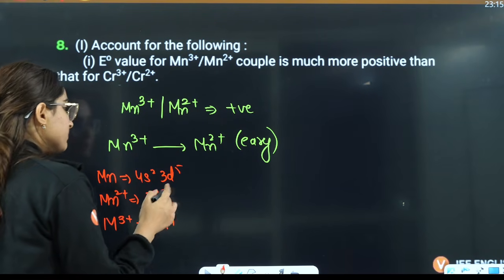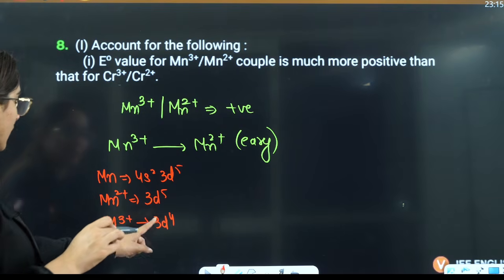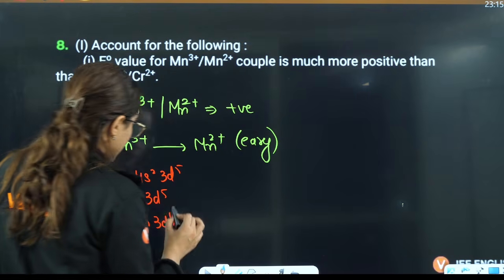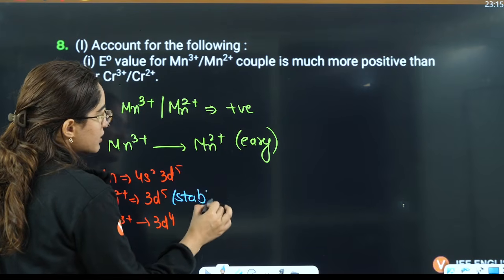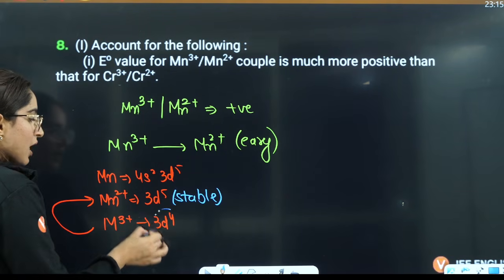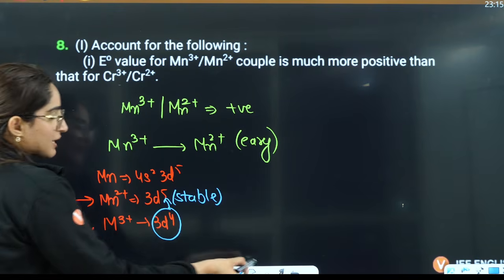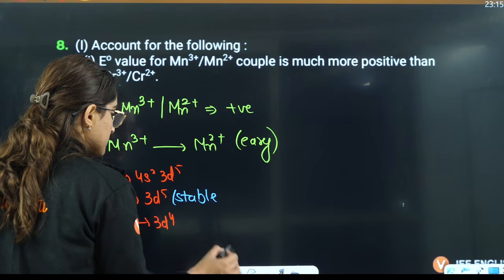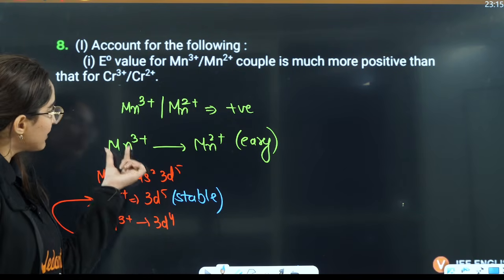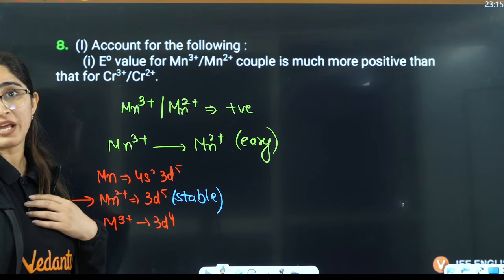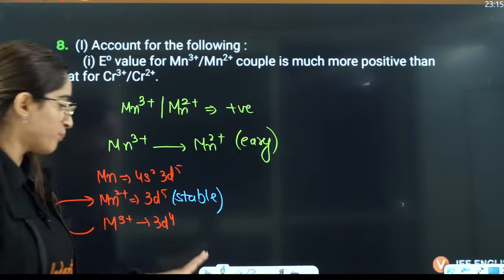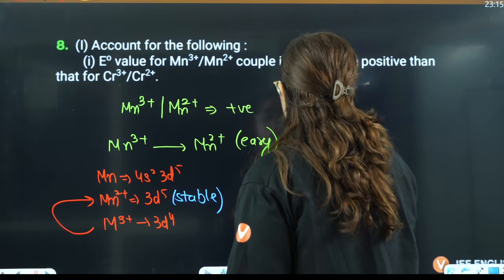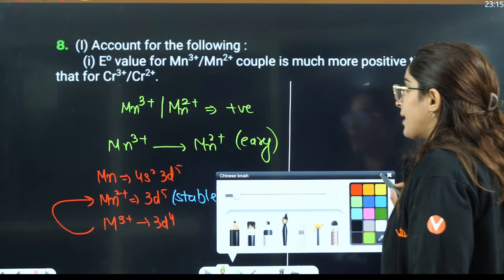Going from 3 positive to 2 positive, you are going from an unstable state to a stable, half filled state, so that is definitely going to be easy. That is the reason we say that Mn3 positive to Mn2 positive reduction potential is positive, because this is easy to go. This is how you write it in theory as well.